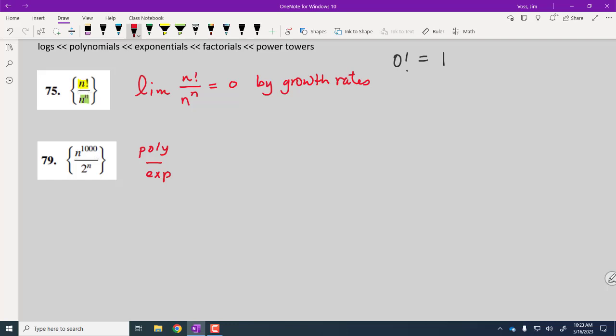It might be way, way out there, but eventually it will do it. And so here, the denominator is growing to infinity faster than the numerator. So once again, we're going to have a limit of 0 in this case. But we can't do the math, so we only do this growth rate thing when we can't take derivatives.